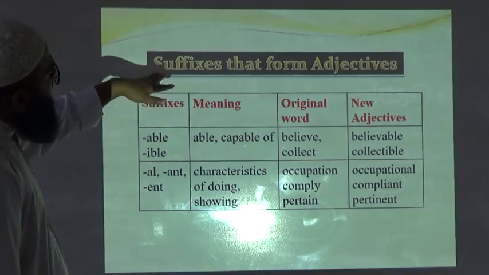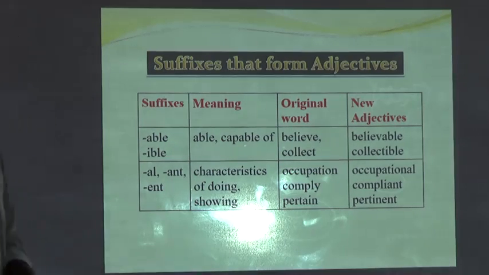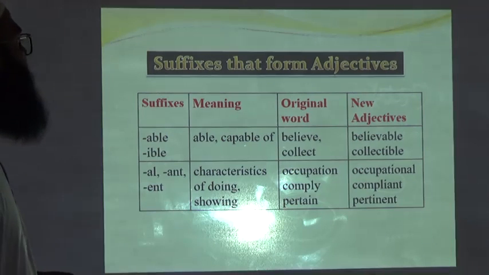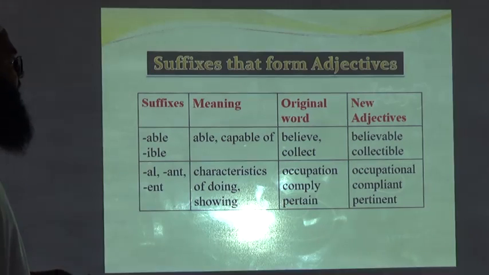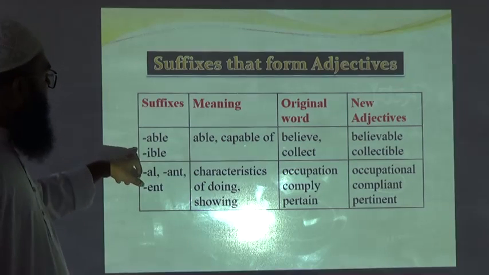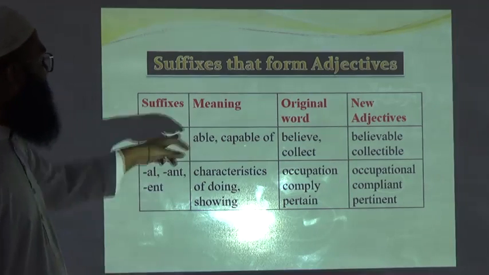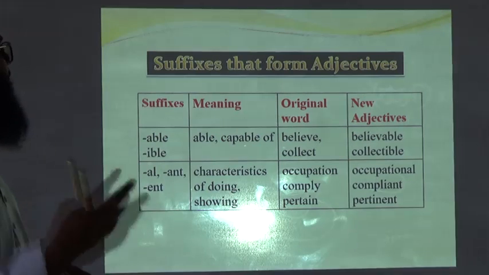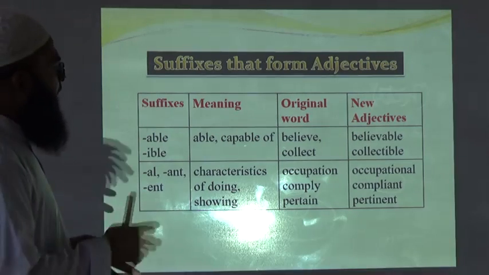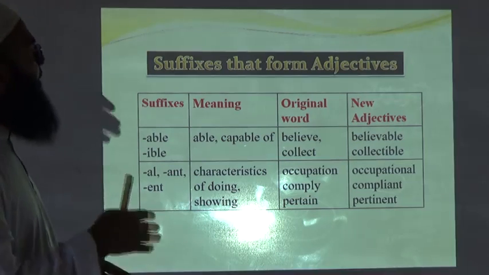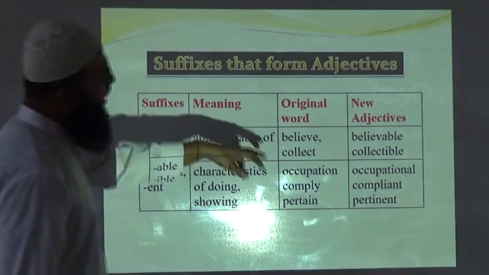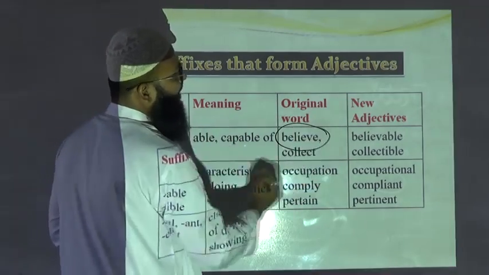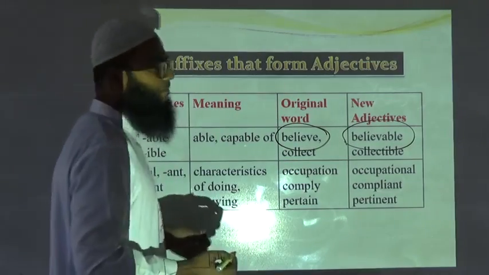Now we'll see suffixes that form adjectives. We have already seen how words become nouns adding suffixes. Now we'll see the suffixes that form adjectives. Okay. ABLE means able or capable, that is, the power of doing something. Believe to believable. Believe is a verb, and believable is the adjective.